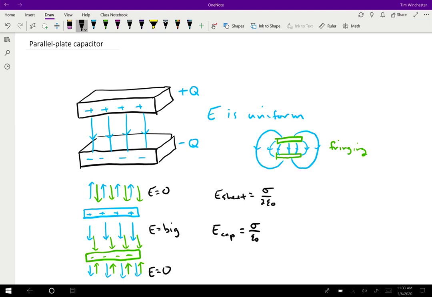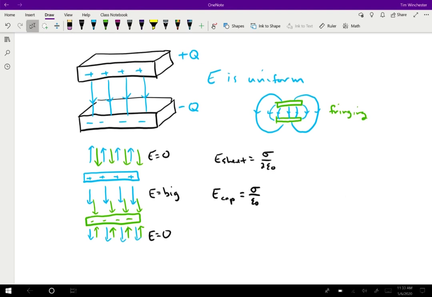Okay, so what I would like to do next is take this electric field that we just calculated and use it to figure out the capacitance in the case of the parallel plate capacitor. I'm going to imagine that I take a particle and move it from one plate to the other, and I want to know for that test charge, what is the delta V?